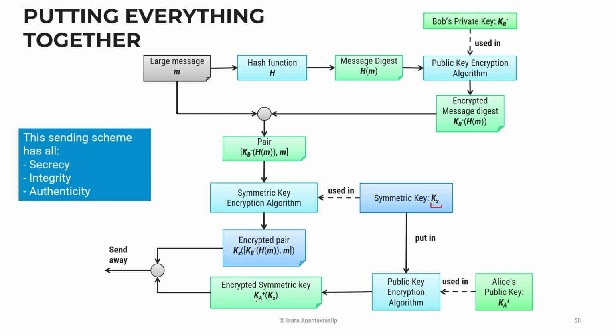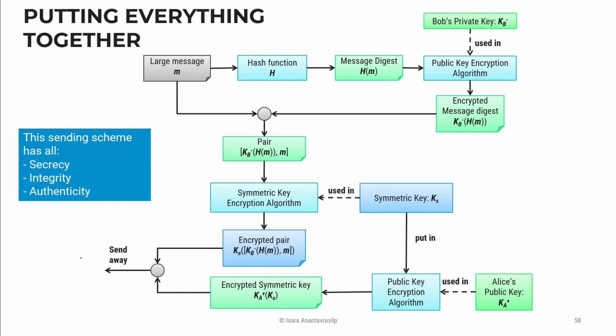As a result, we are going to have this encrypted symmetric key, KA+ of KS, right here. And then along with this encrypted pair, we're going to send this entire thing to Alice.